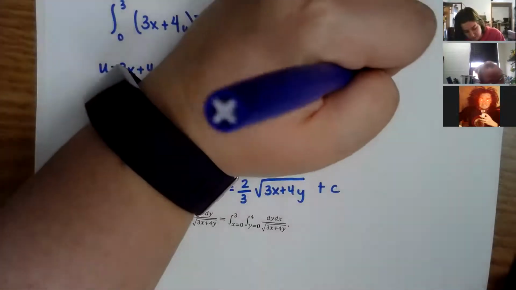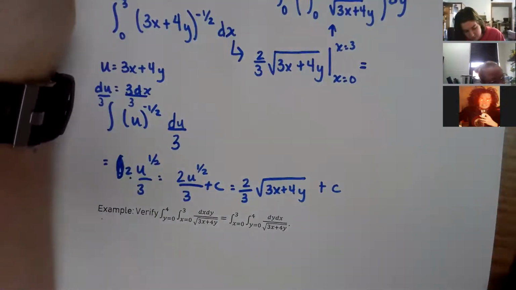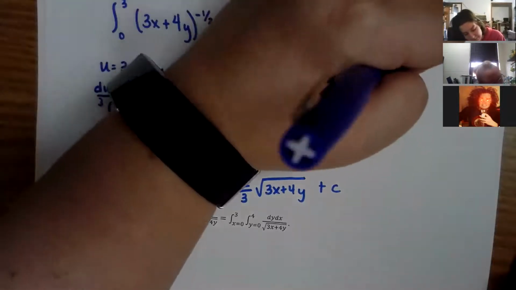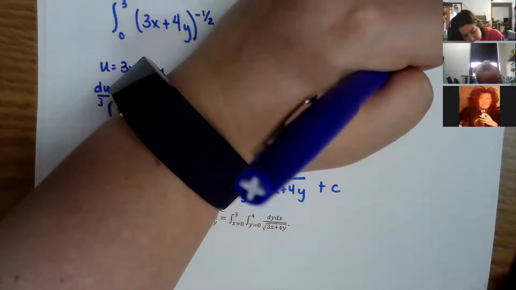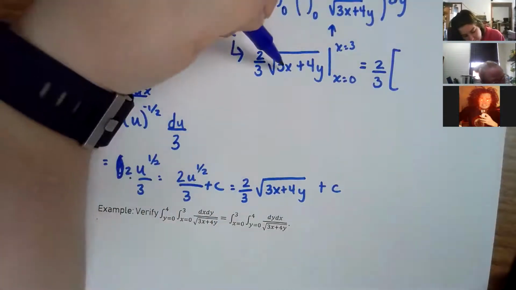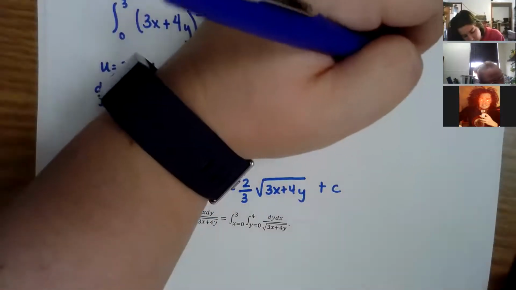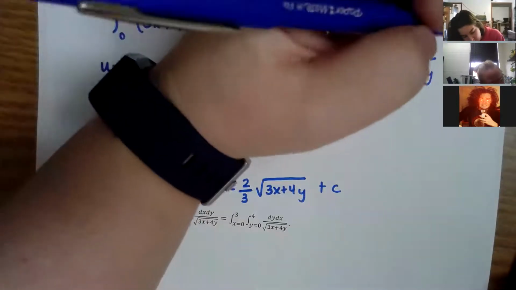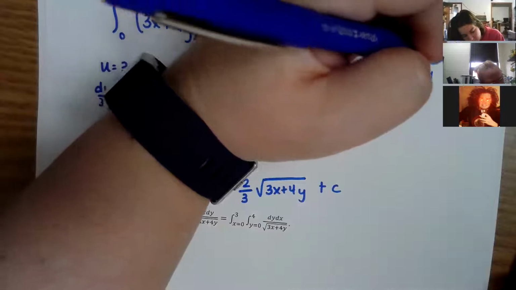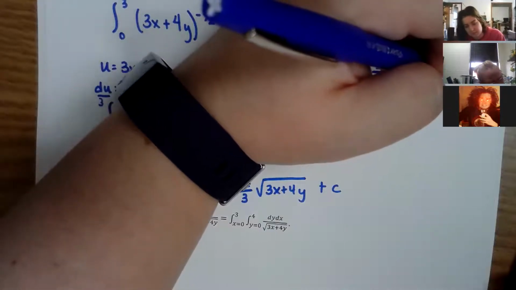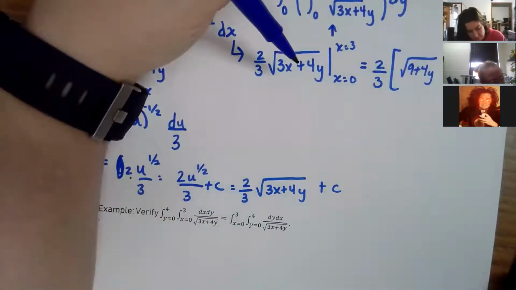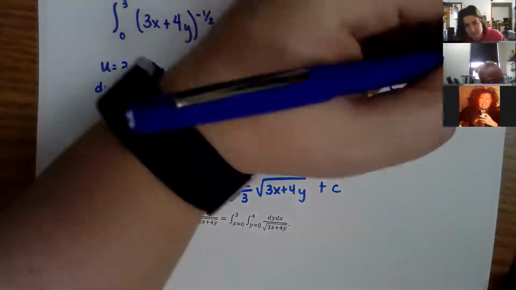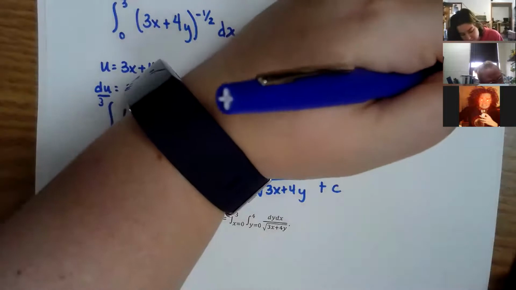Which comes out to be 2/3 times root of 9 plus 4y minus root 4y.